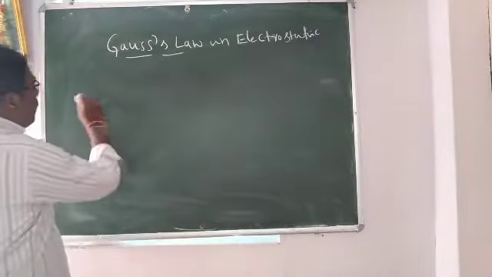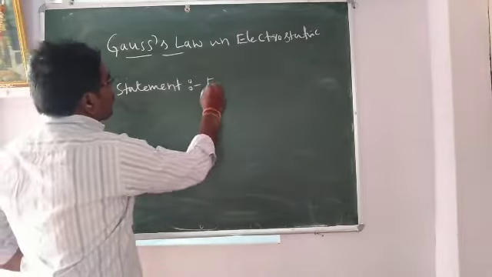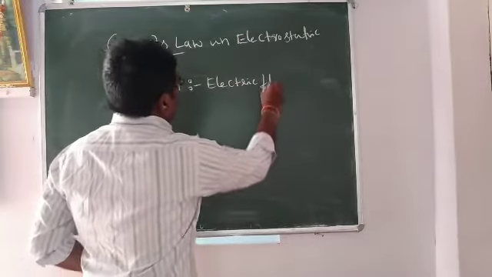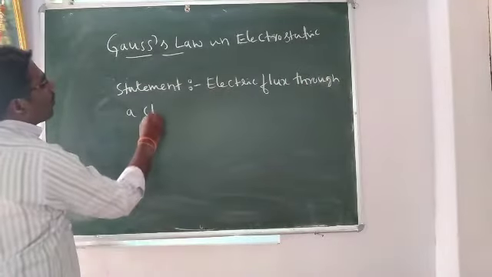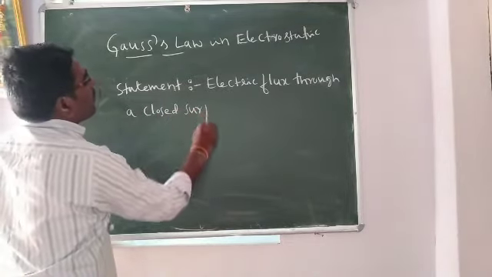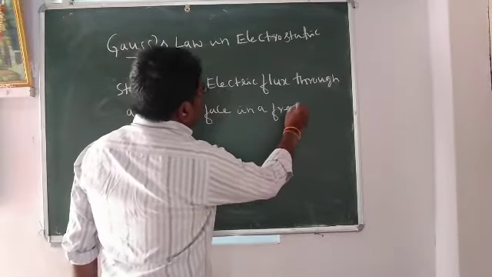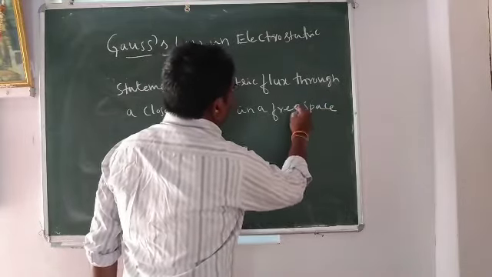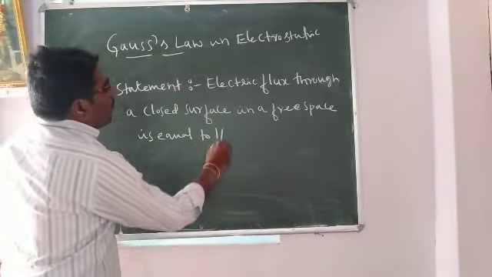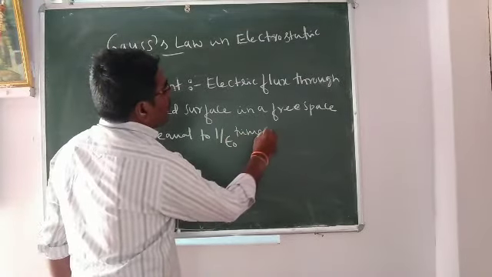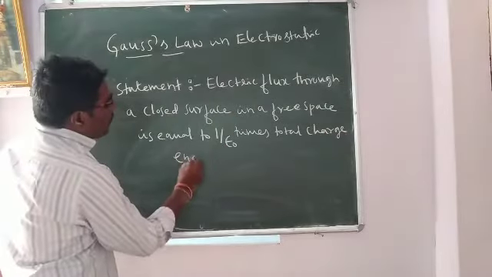What is the statement of Gauss law? Statement: electric flux through a closed surface in a free space or vacuum is equal to 1 by epsilon naught times total charge enclosed by the surface.